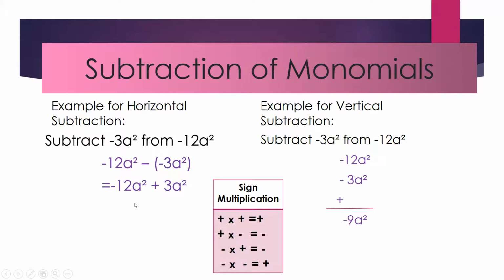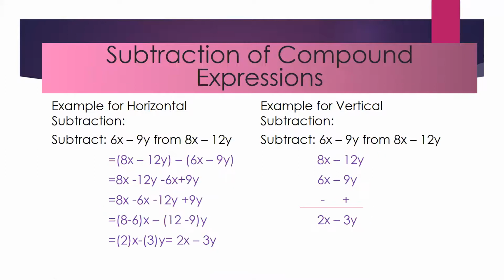That means we get minus 12a square plus 3a square. Now, how can we solve it? First, check which sign we have to put in the answer. The negative number is greater, so just put the sign of minus. 12 minus 3 is 9a squared. So we have both the same answer. Please learn this sign multiplication: minus minus is plus. Clear?